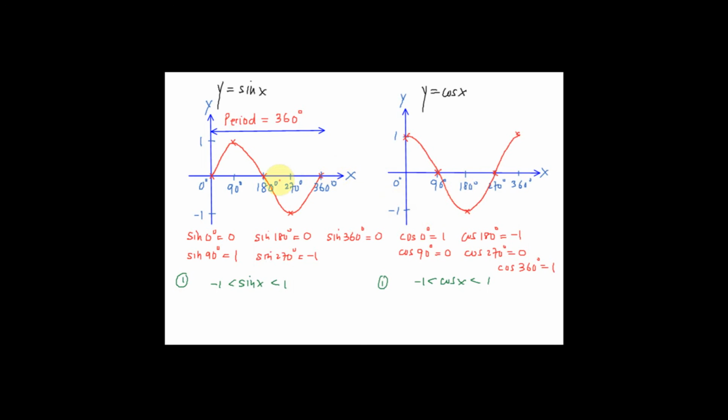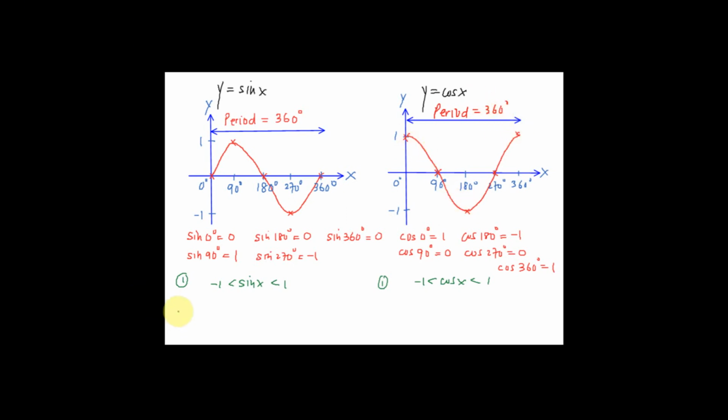Every 360 degrees, it is going to repeat this cycle, meaning from 0 to 720, you should be able to see 2 complete turns. Looking at cos x, the period is also 360 degrees. So one complete cycle for cos x is also 360.